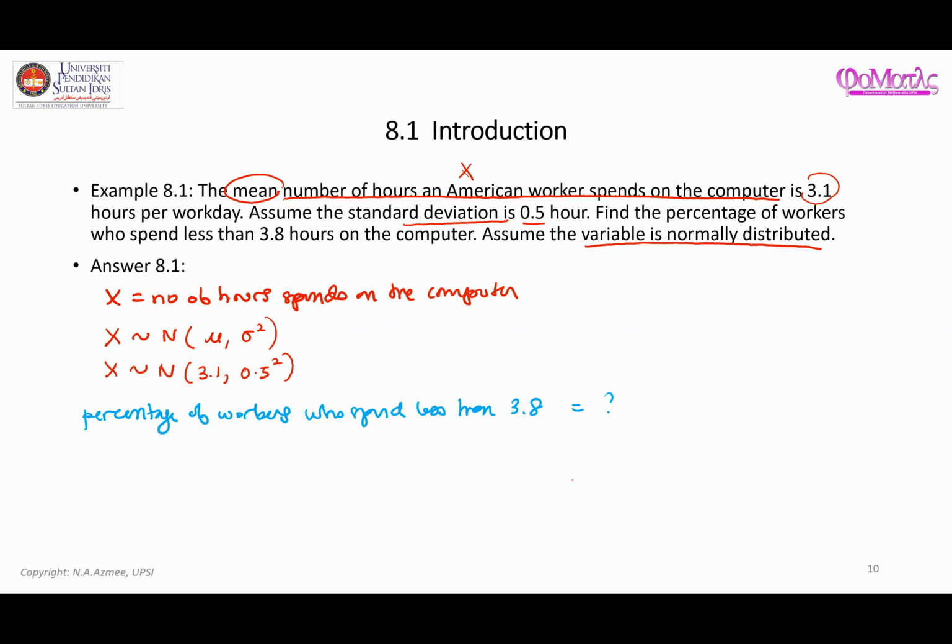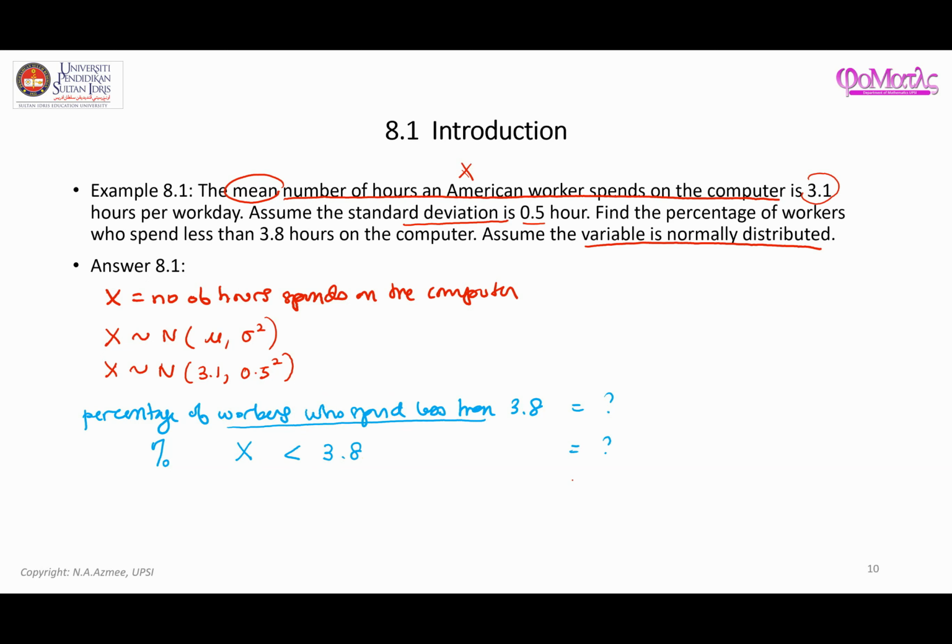It can be mathematically translated as the percentage of workers who spend less than 3.8. Here we are talking about the number of hours they spend on the computers, which is the percentage of x less than 3.8. So that's how you can translate the long sentence into a mathematical statement, and we're not done yet.